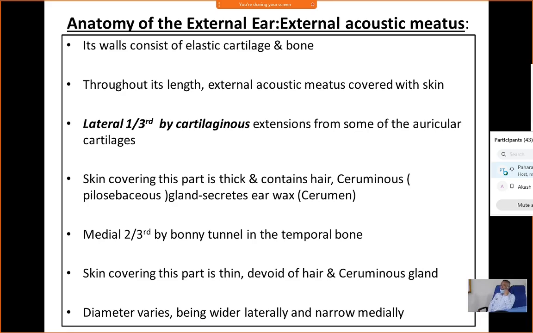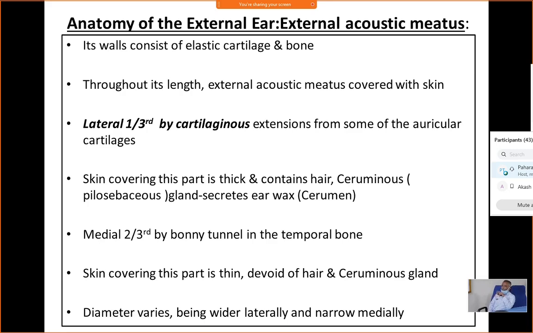Then the skin, as I have said, completely covers the external acoustic meatus. This skin is actually an extension of the skin of the pinna. The skin covering the lateral 1/3 is thick and contains hair as well as ceruminous or pilosebaceous glands, which secrete ear wax or cerumen.